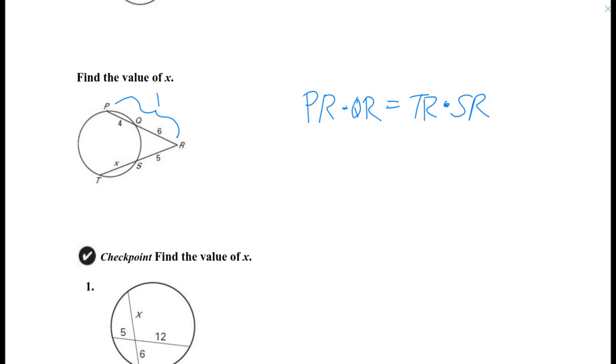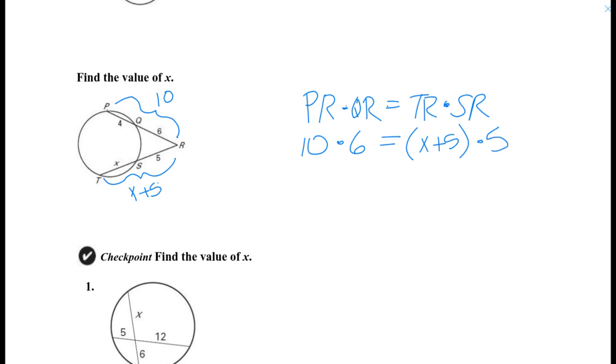So we have 4 and 6, which give us a total length of 10. So we have 10 times the external segment, which is 6. Then we have TR, which would be x plus 5. Make sure we have that in parentheses, multiplied by its external segment, which is 5.